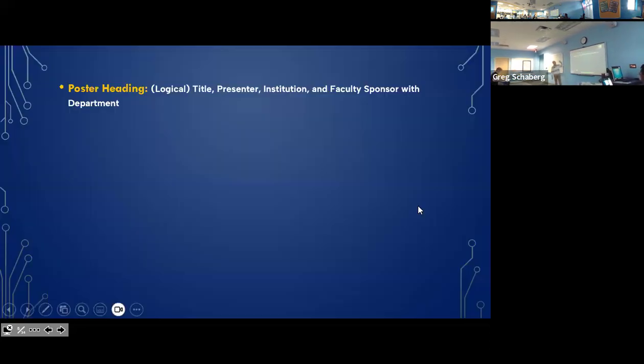So the poster heading for STEM students, you want a logical thought. You do not need to be super creative or witty. The title needs to tell the reader what your topic is, what you do.